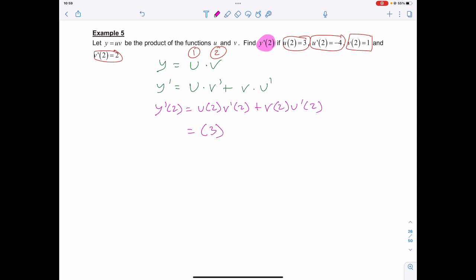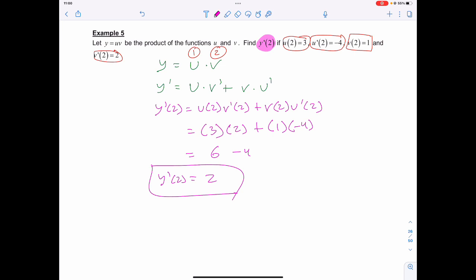V prime at 2 is going to give me 2. V at 2 is going to give me 1. And u prime at 2 is going to give me negative 4. This means that I'm just going to be left with 6 minus 4, and y prime at 2 is literally going to give me 2.